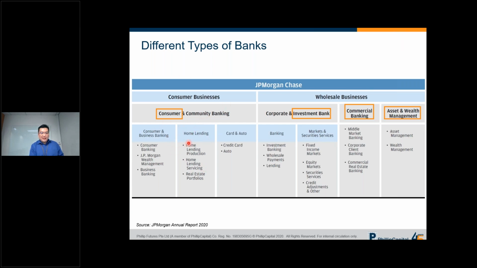Consumer bank is basically for people like us, retail people like you and I. We put our money in the bank, we take our car loan, we mortgage our house, we do our investment, we use credit cards. Everything that we do revolving around our finances is covered under consumer banking.